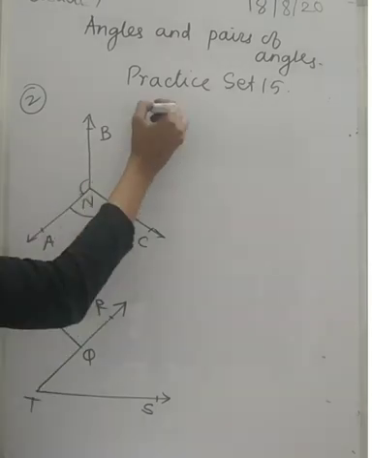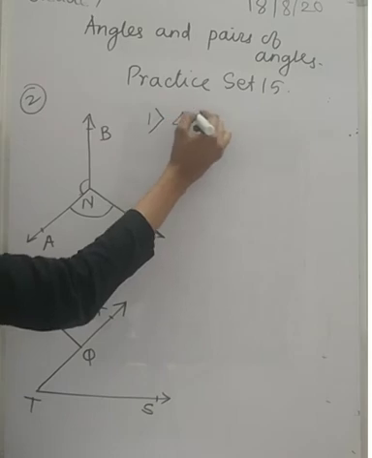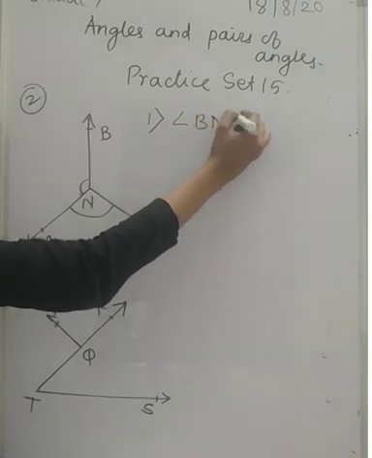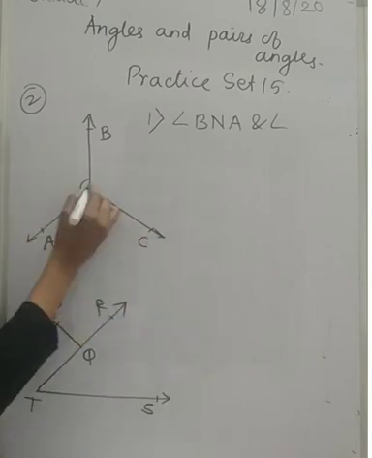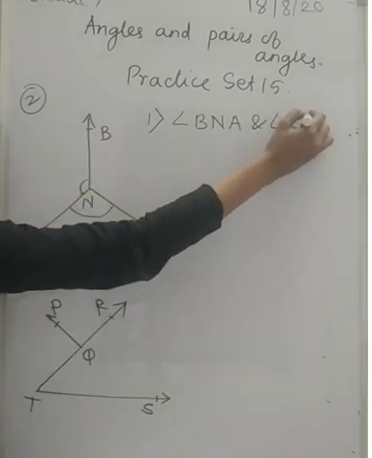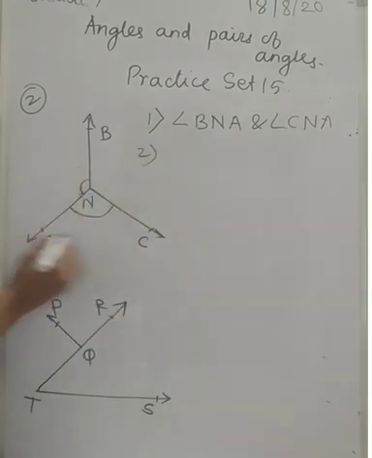So I am going to write the first pair of adjacent angles as angle BNA and angle CNA. Okay, these two done.